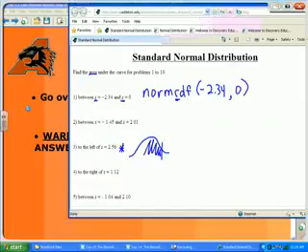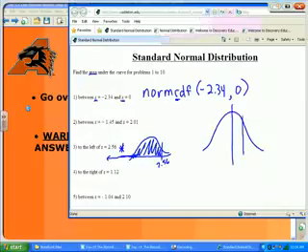But how would we handle it if it says we want the area to the left? Here's our z-score of 2.56, and we want all of this area to the left. The top one is 2.56, but what's the z-score down here? Remember that on a regular normal curve, here's 1 standard deviation, 2, 3, and -1, -2, -3.